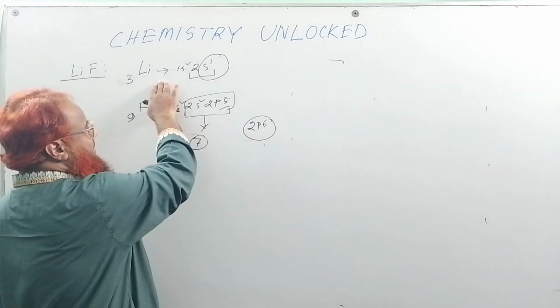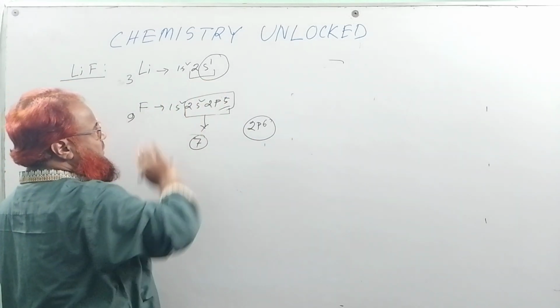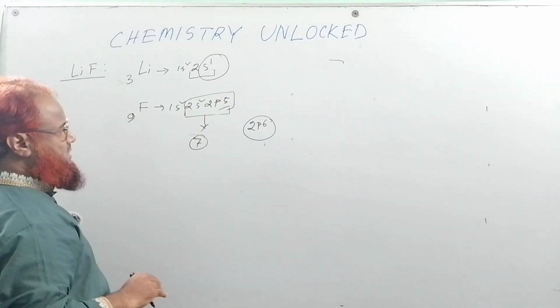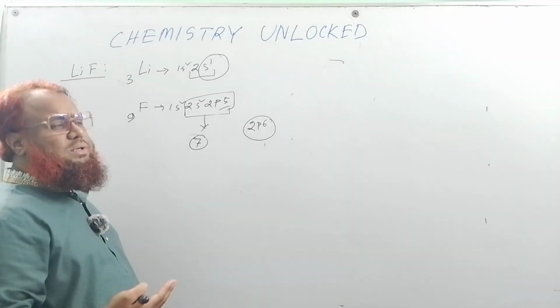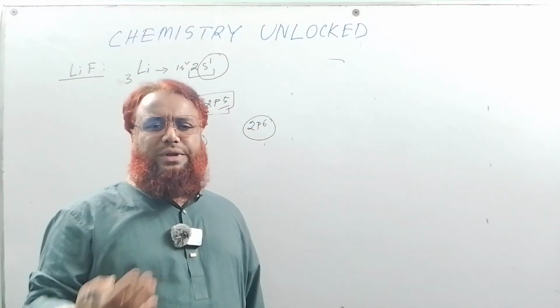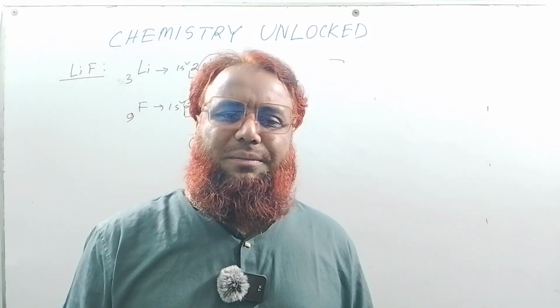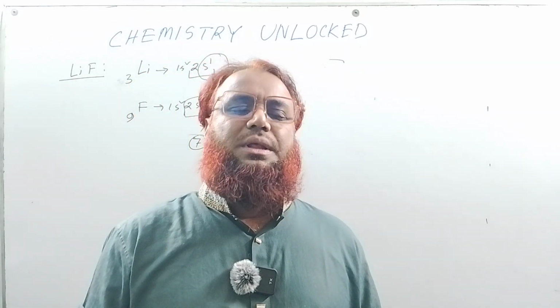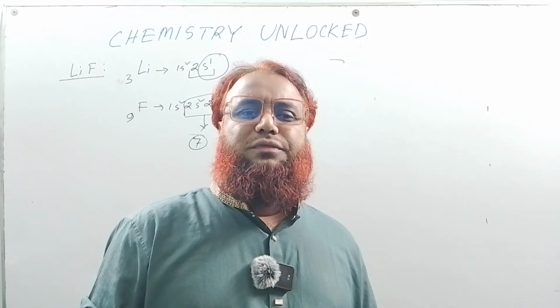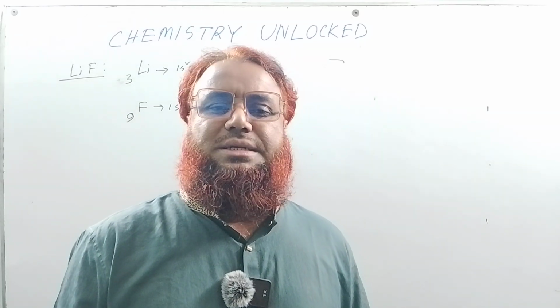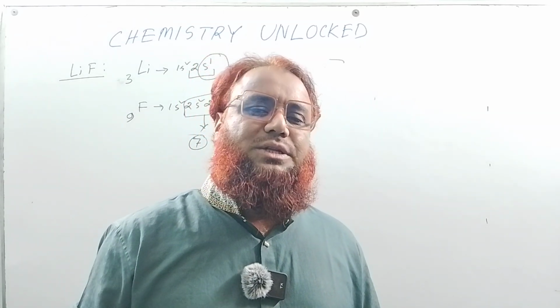So this lithium will easily donate this 1 electron from the valency shell. And you also know that the number of electrons donated, received or shared by an element is known as its valency. In case of a metal, the number of electrons donated is the valency of that metallic atom.